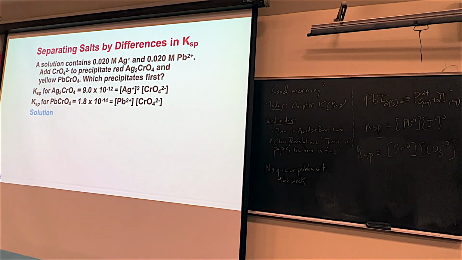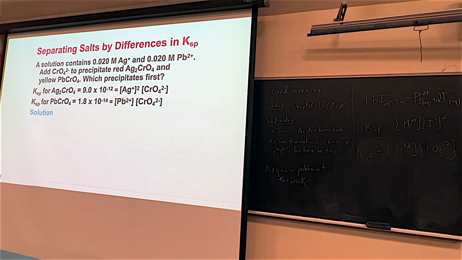Now, here's the solution where we have silver ions and lead ions running around, and they're both 0.020 moles per liter. Chromate makes insoluble compounds with both. So look at these KSP numbers. This one's the KSP for silver chromate. This is the KSP for lead chromate.